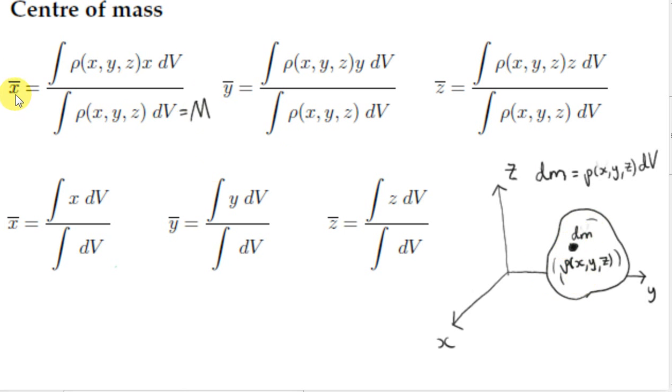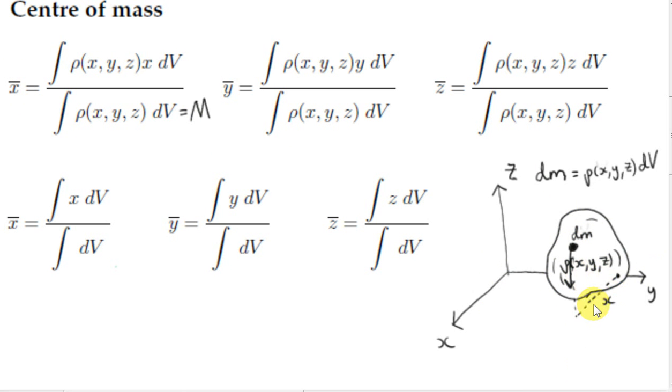Now we want to get the x coordinate of the center of mass of this object. To do that, we need to consider the moment of each mass element about the y-axis. We could actually think of the moment of the force of gravity on this mass element dm. The force of gravity would be vertically downwards, and we want the perpendicular distance of the line of action of this force to the y-axis.